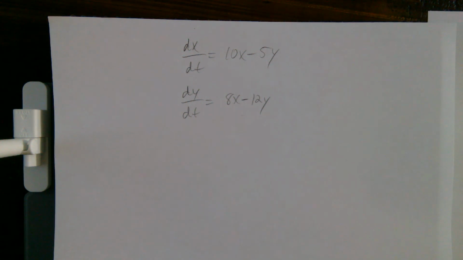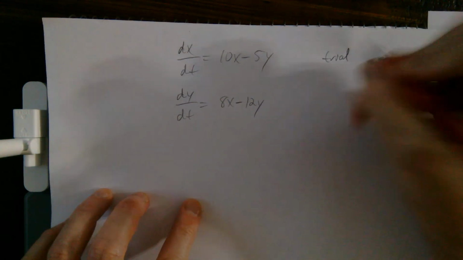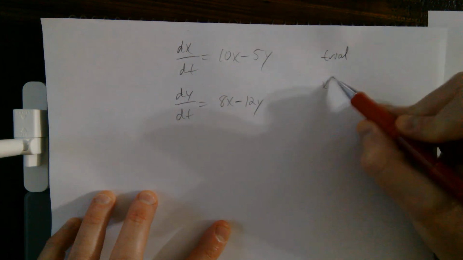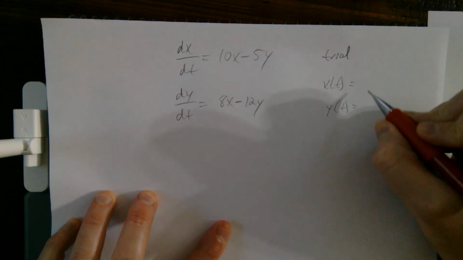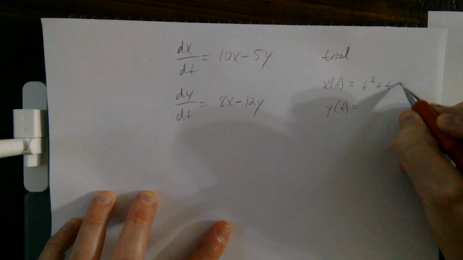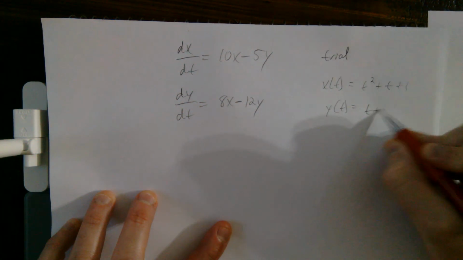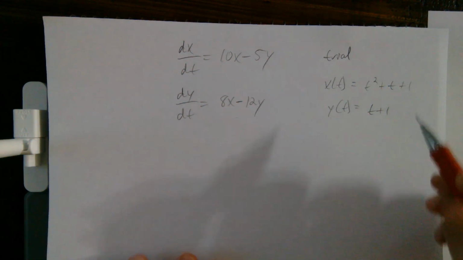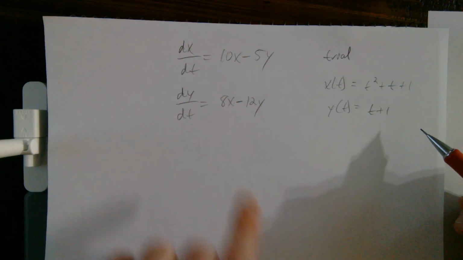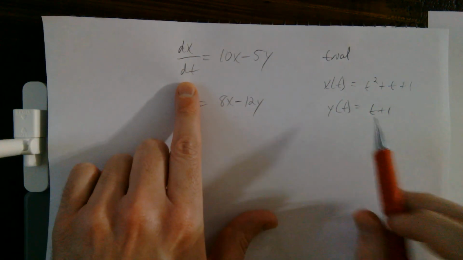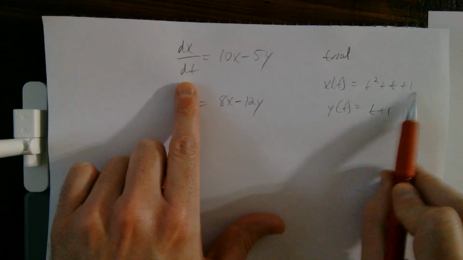So if we think about possible trial solutions of x of t and y of t being polynomials, for instance, let's just try second order and first order. We can notice pretty quickly that if you don't have much experience with differential equations, this isn't going to work. If we take the first derivative of the second order equation, we get a first order.